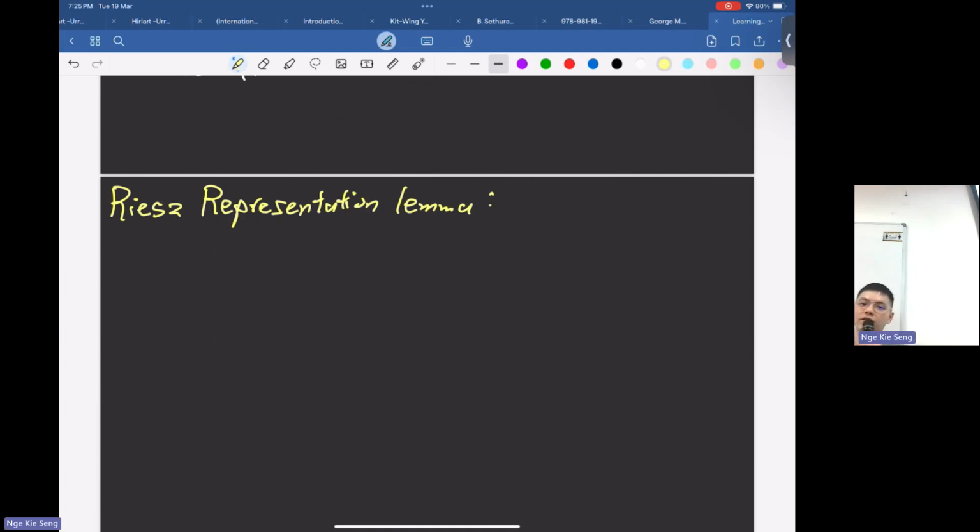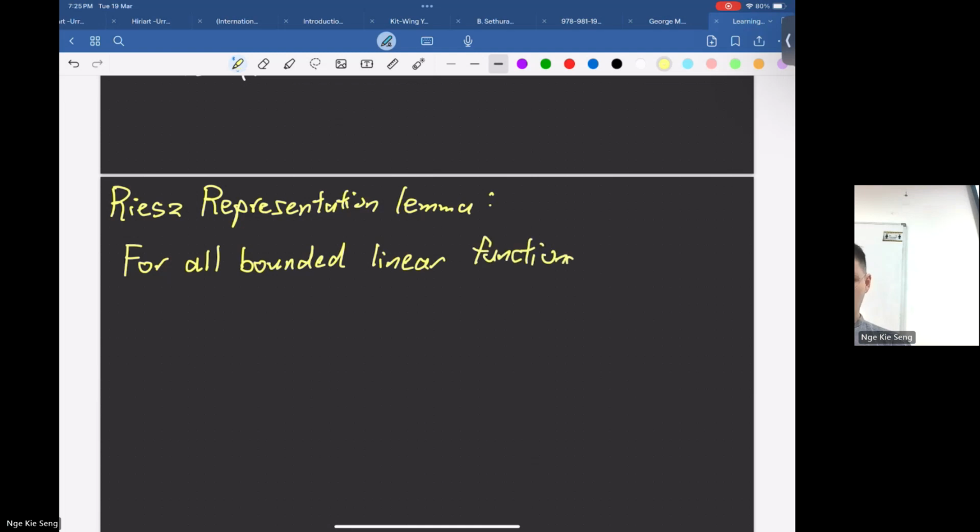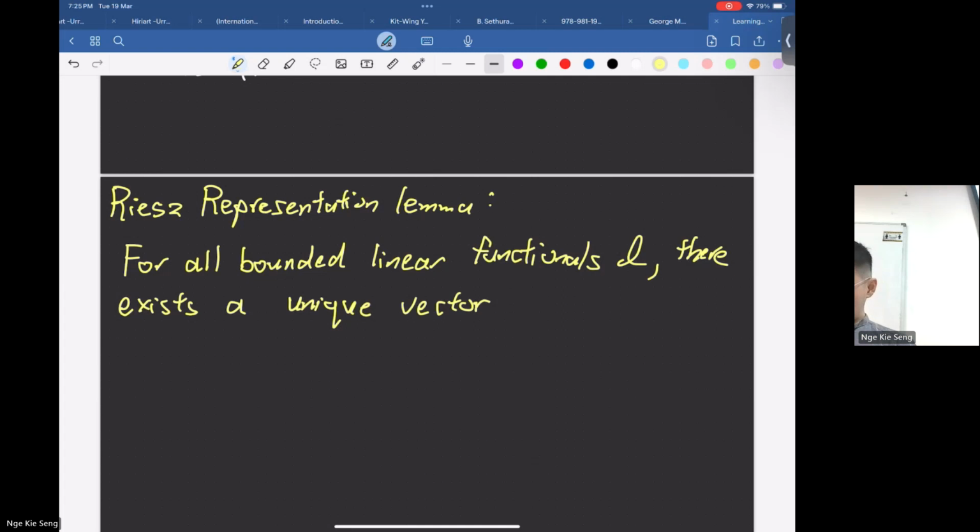Okay, so what does this Riesz representation lemma tell us? For all bounded linear functionals L, there exists a unique vector in your Hilbert space.